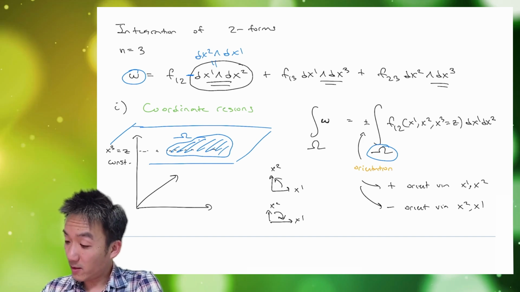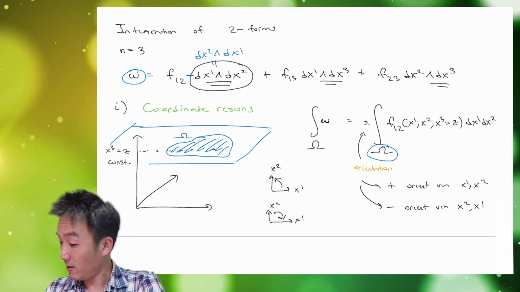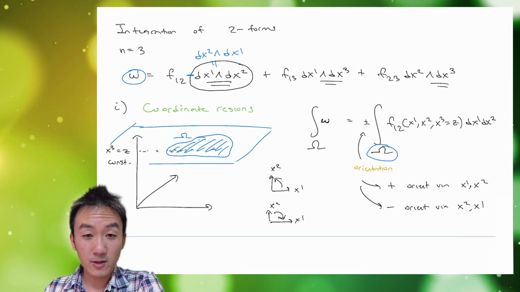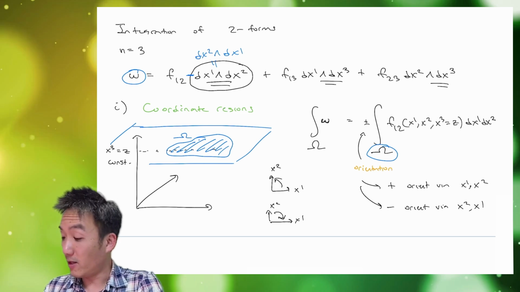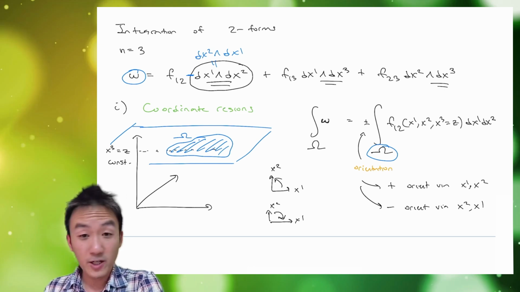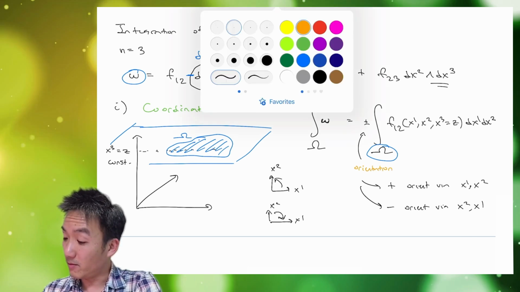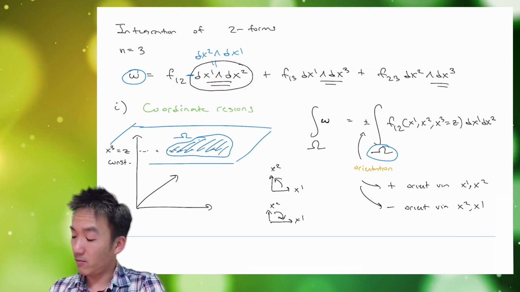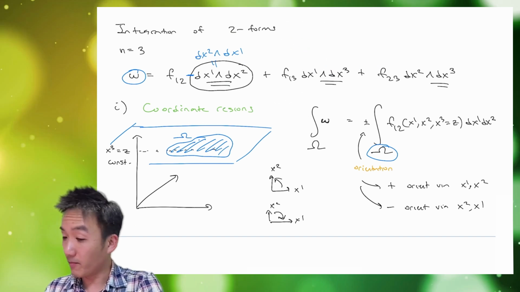So I should note that integration of 2 forms, or integration in general, requires you to have an orientable space. I'll write that down more precisely later, but I just thought I'd mention that now. So this construction will fail if you try to integrate over the Mobius strip, precisely because you can't choose this orientation consistently everywhere. Okay, so that's a comment that I'll expound upon later, but let me just move on now.